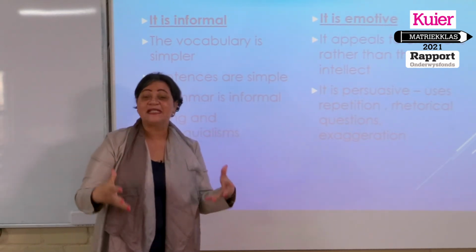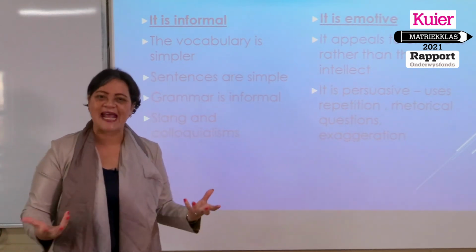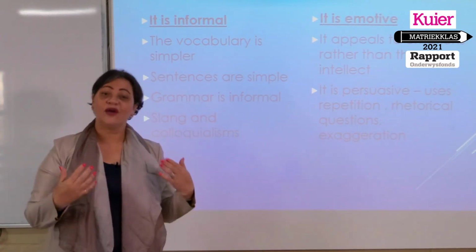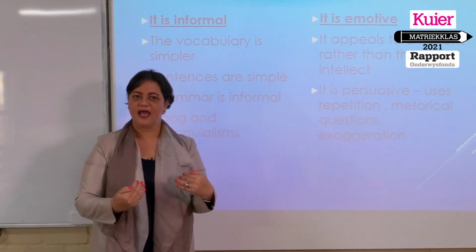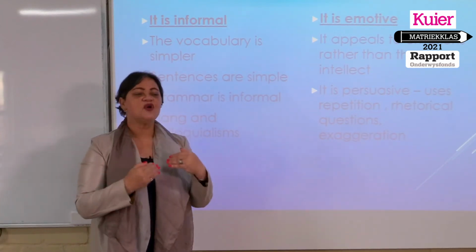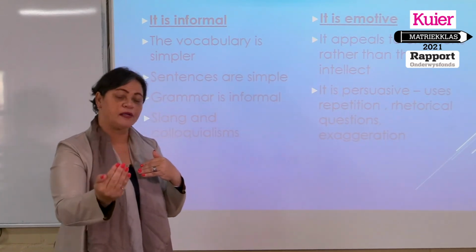You know, that's something that you would say in an informal environment. It is a slang term, but we all know what it means. So advertisers are allowed to use that, okay? And in fact, they do it so that we feel more connected to the product.